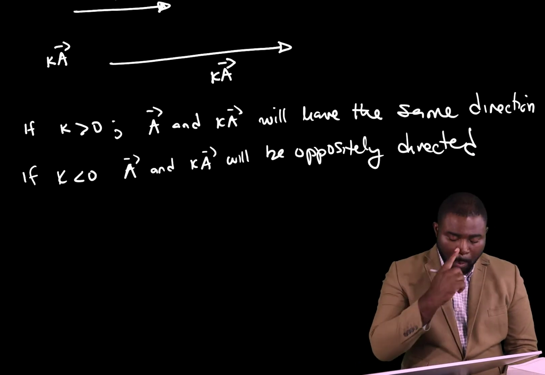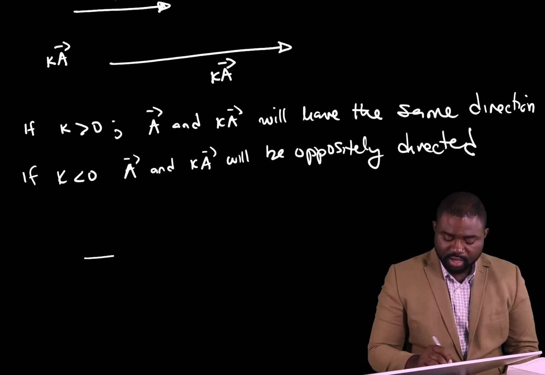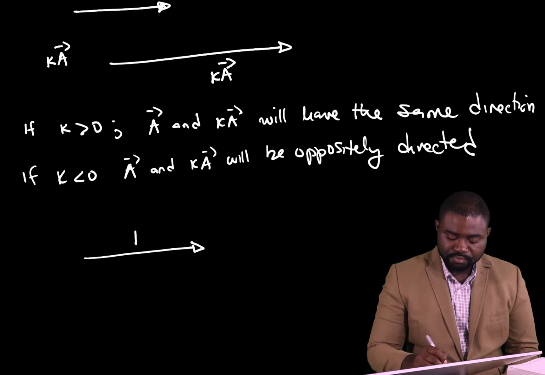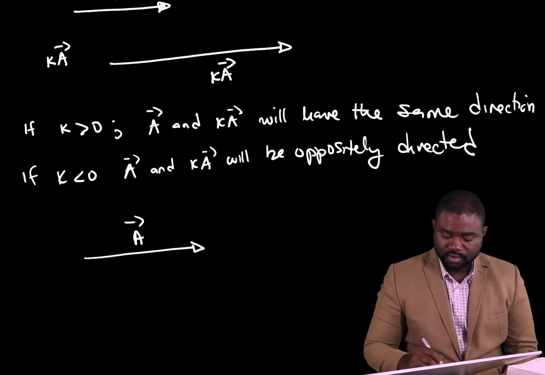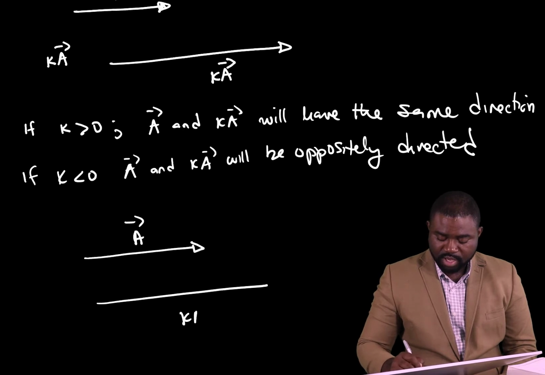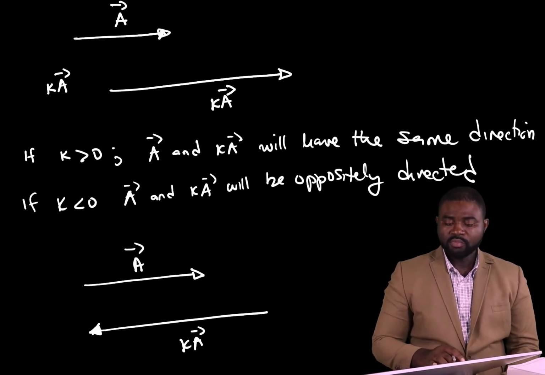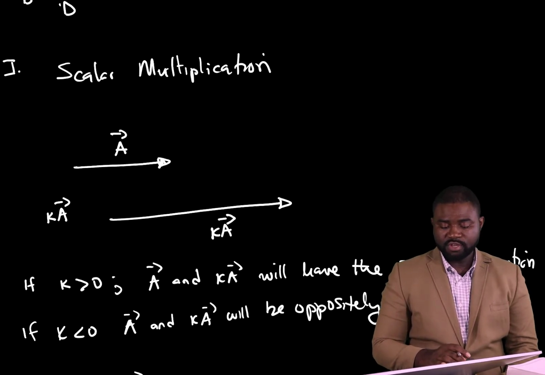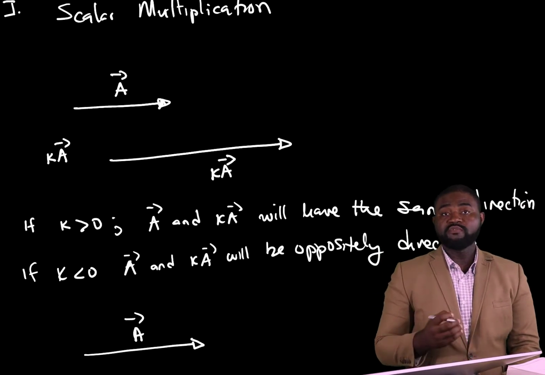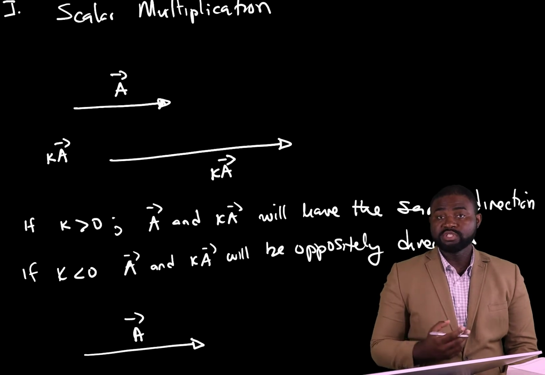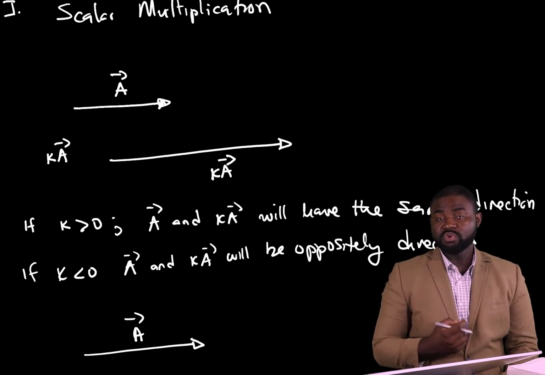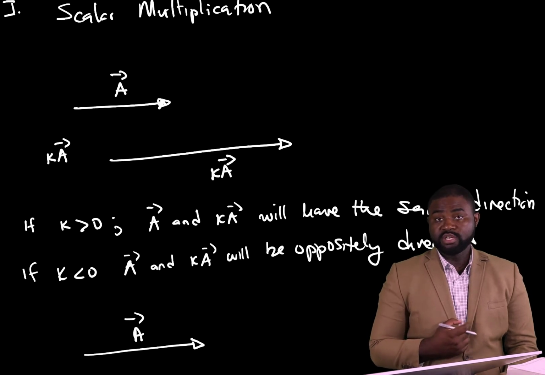For example, if A is in that direction, this is vector A, kA will be in the opposite direction. So the takeaway is, when you multiply a vector by a scalar, the result is still a vector. But the direction will be the same if the scalar is positive, or opposite if the scalar is negative.